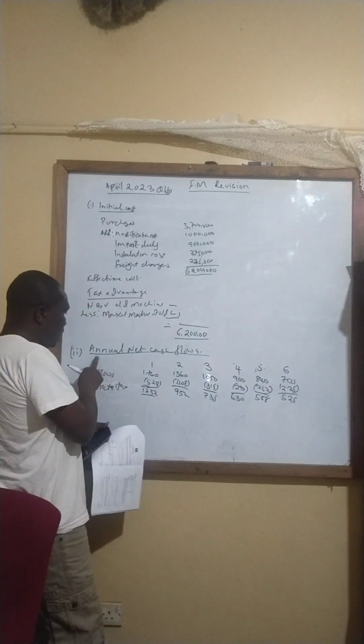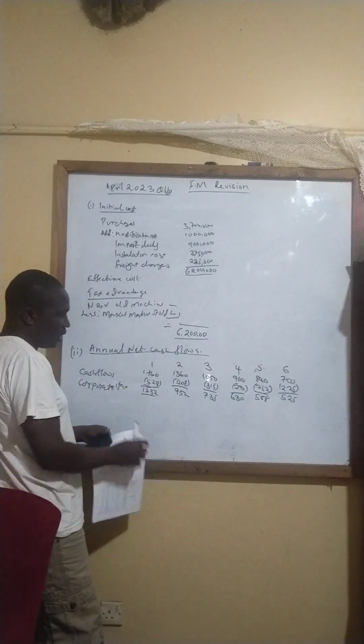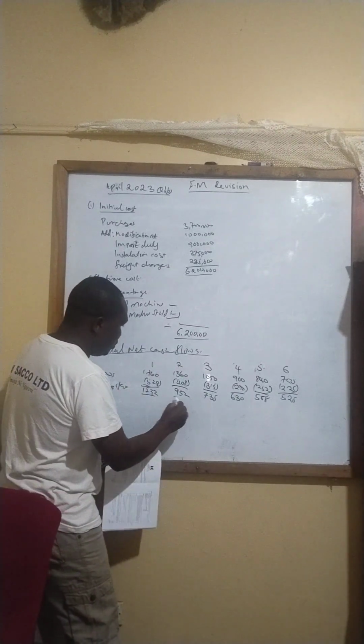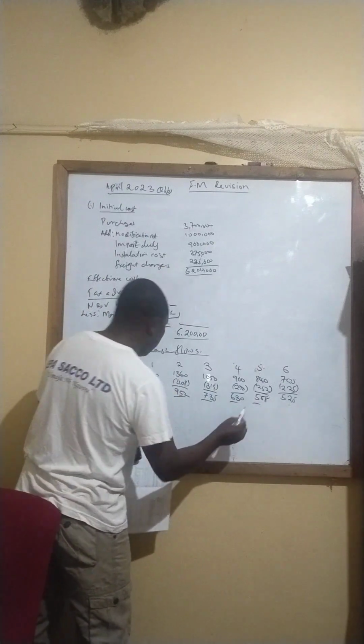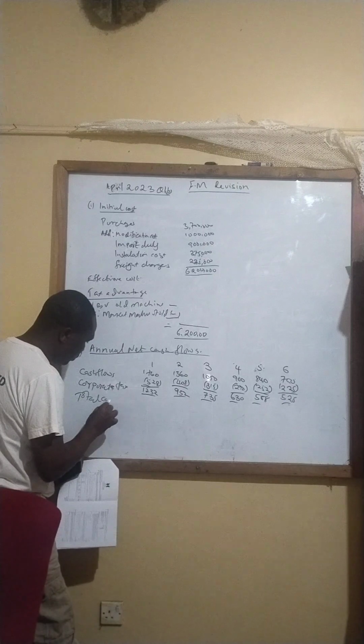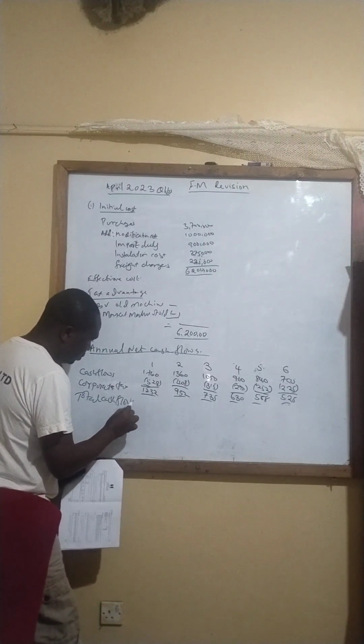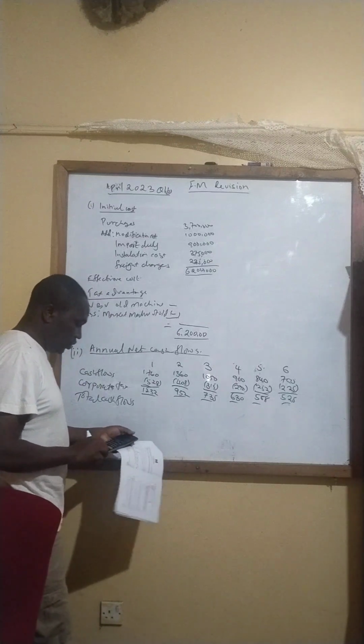So the question was saying annual net cash flows. So this is the figure. So annual net cash flows. So now the final total net cash flow, total cash flows, it's just addition of all this.